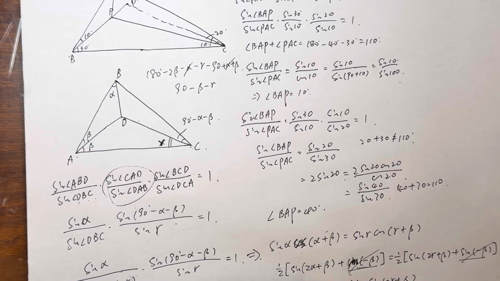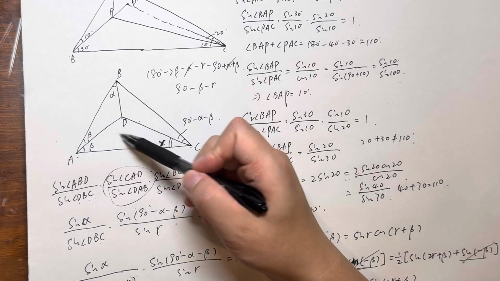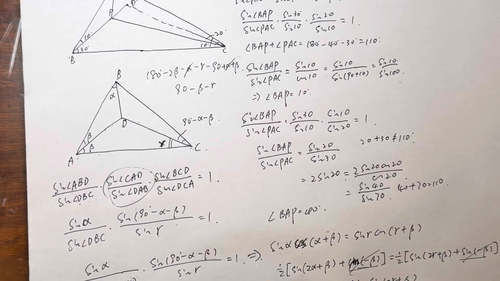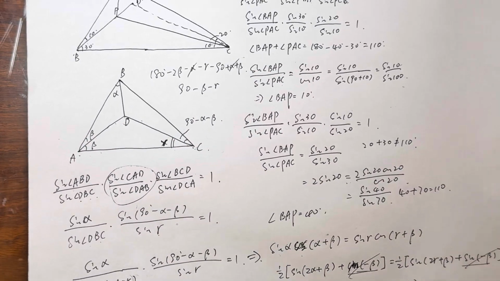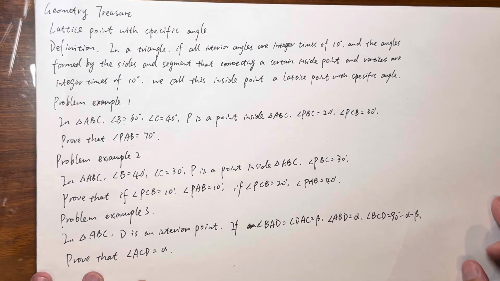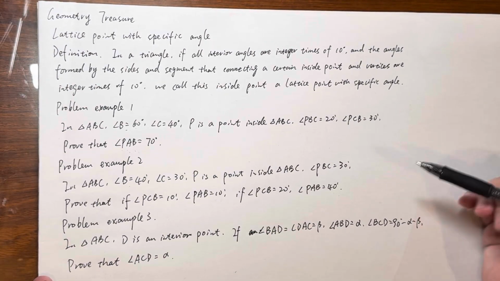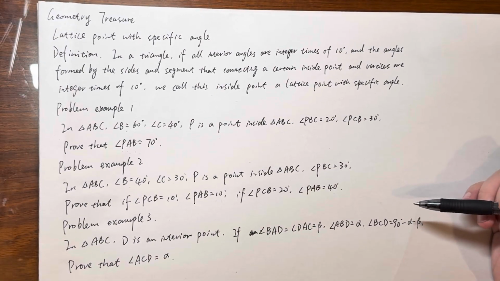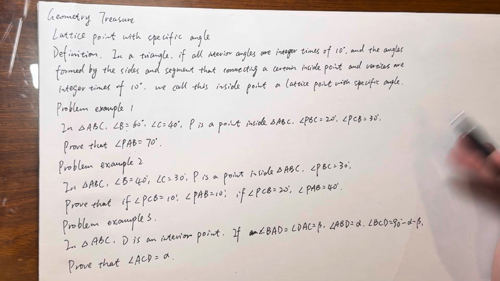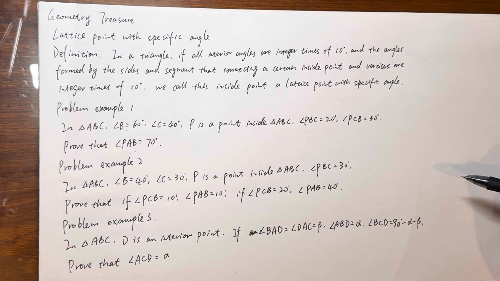It's still a point with some specific angles, and we want to prove something. So in this video we just show a general method, a general solution for all of these problems.